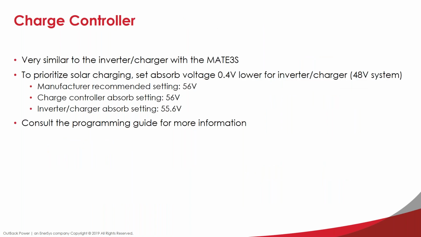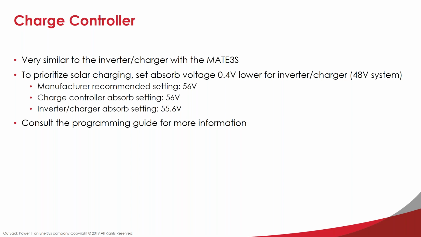Okay, so now we've programmed our inverters. Now we would move on to our charge controllers. I'm not going to rehash everything I just did because they're very similar. In the Mate 3S, you would just go to the charge controller menu and put in all the same values that we just talked about, and the screens will look very similar.